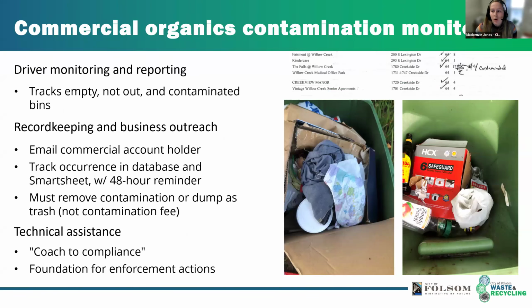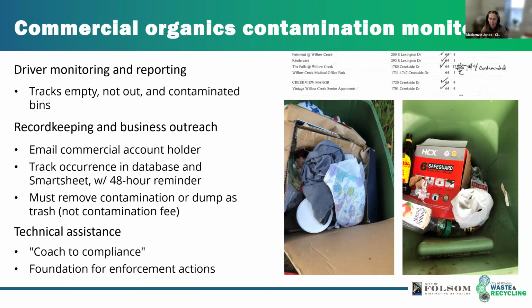We're going to first focus on our commercial organics contamination monitoring. Like I said, we have one driver that does that commercial route. Our technology is still a paper route sheet here in the city of Folsom. That driver has that route sheet, and you can see a little snapshot of it on our slide, where they will mark empty bins, contaminated bins, and bins that are not out.